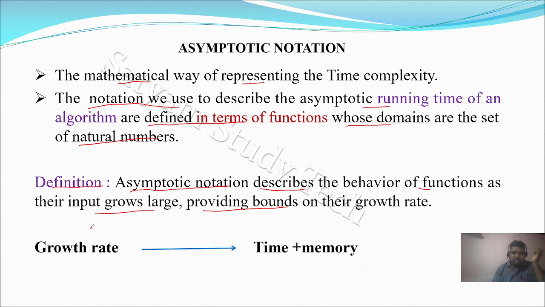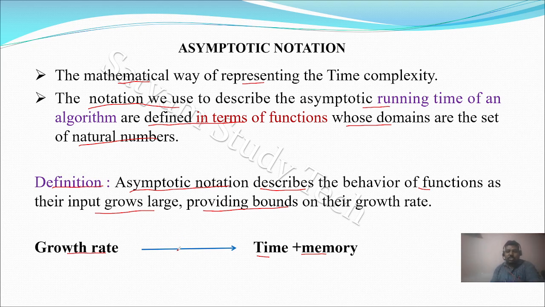That means the growth rate depends directly on time plus memory. So why do we use asymptotic notation? Any time complexity can be represented by using these notations.